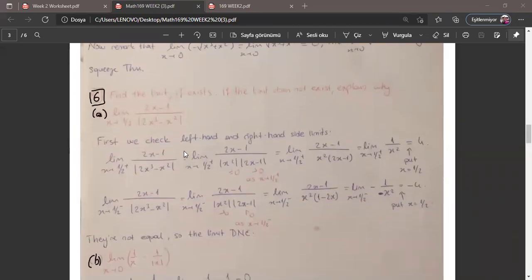Okay, and now again, we will find the limits. So first, we have this function 2x minus 1 over the absolute value of 2x cubed minus x squared. Let me rewrite again.